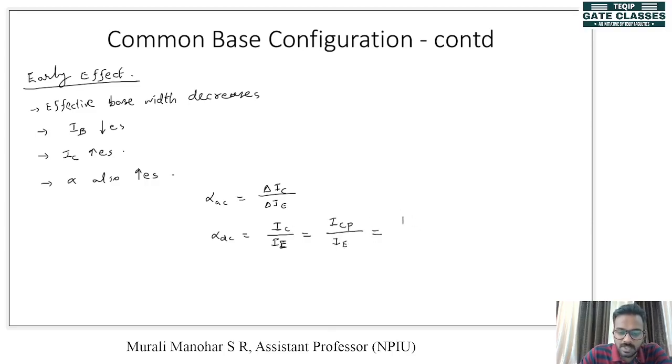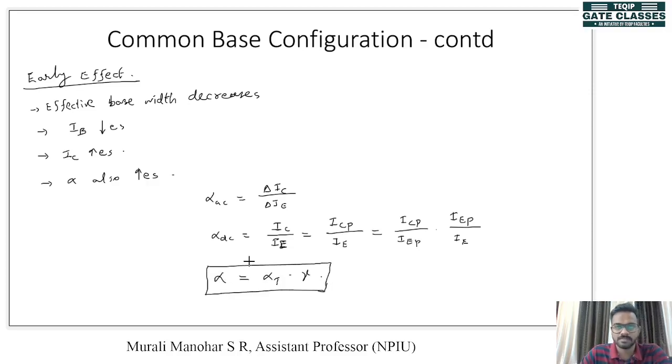And now this can be written as ICP divided by IEP into IEP divided by IE. Now we know these values. ICP divided by IEP is alpha T, and IEP divided by IE is gamma. So alpha DC is given by alpha T into gamma.